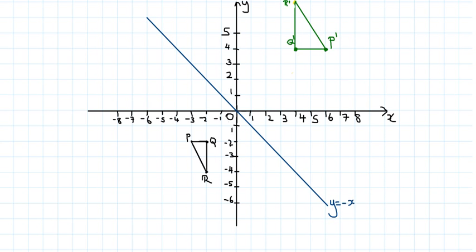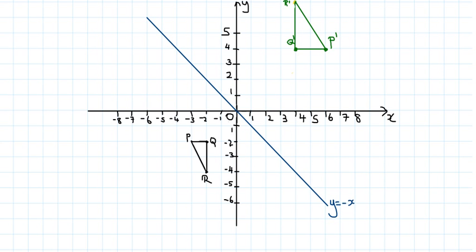If I'm mirroring this green triangle in this particular line, we need to get those coordinates. And if you can recall how to do the transformation via the matrix technique, you can utilize the reflection in the line y equal to minus x matrix, transform all your coordinates, and draw in your transformed triangle.